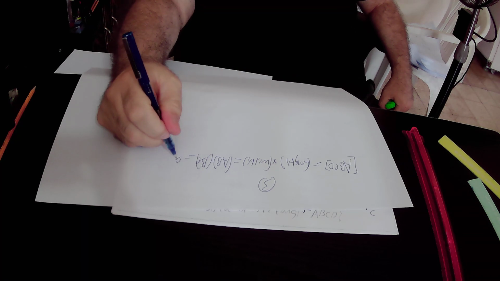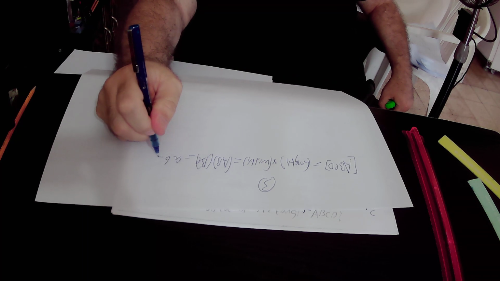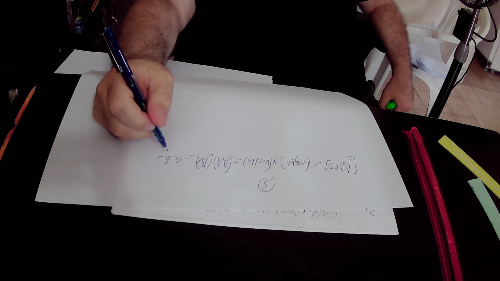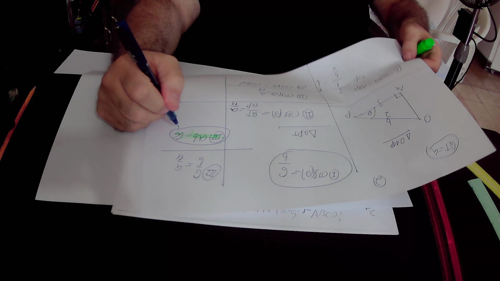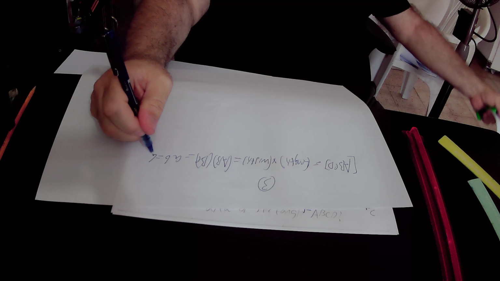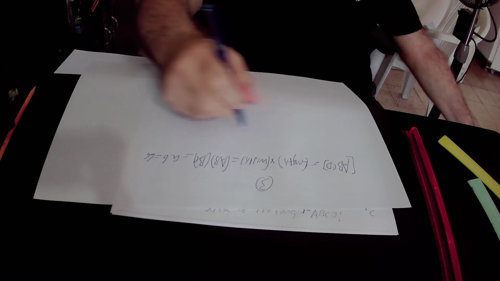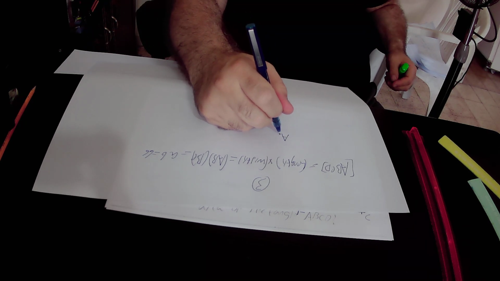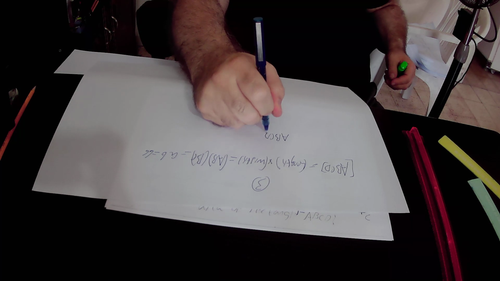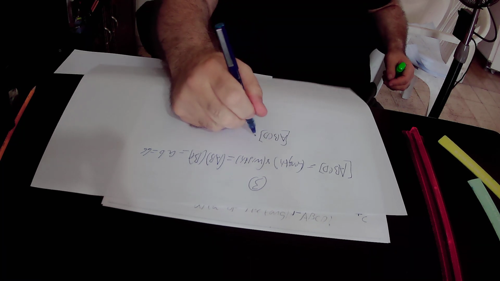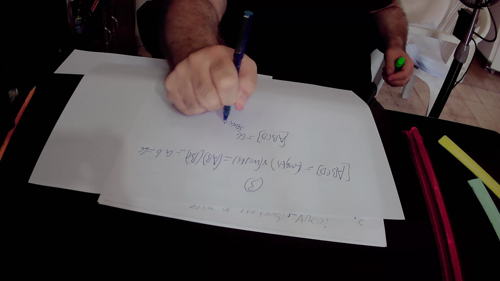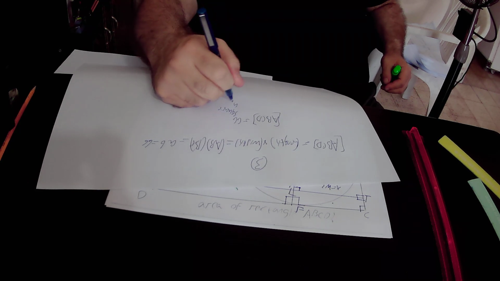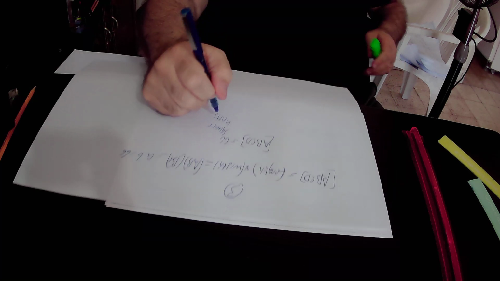AB is A and BC is B according to our definition, and we just found out that A times B equals 66. So we found that the area of rectangle ABCD is equal to 66 square units. Okay, we finished the first method.